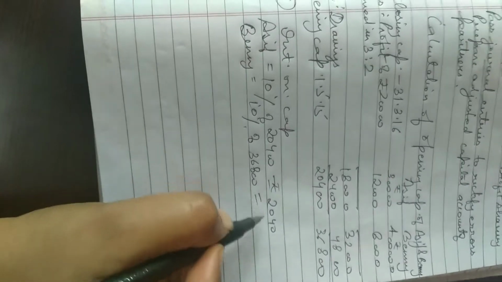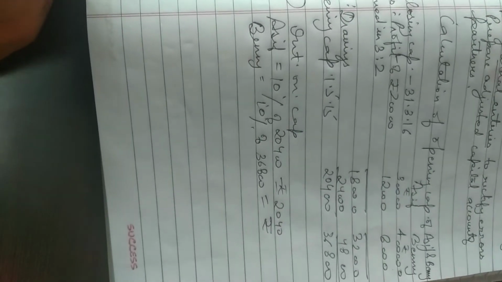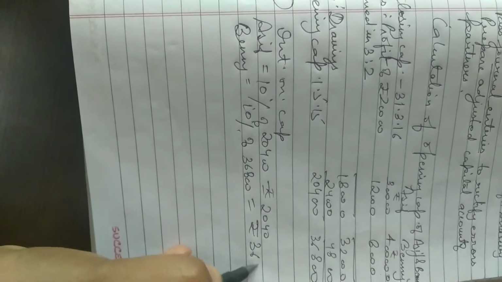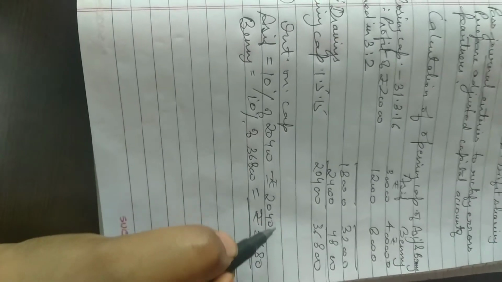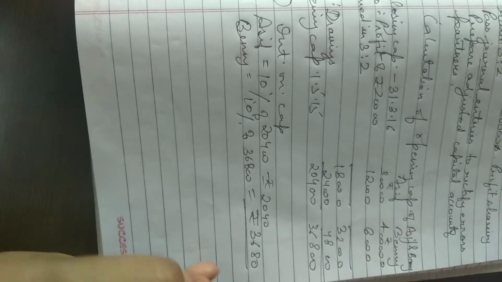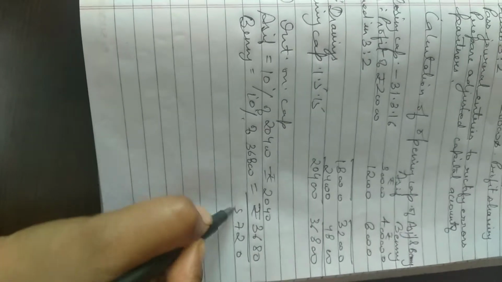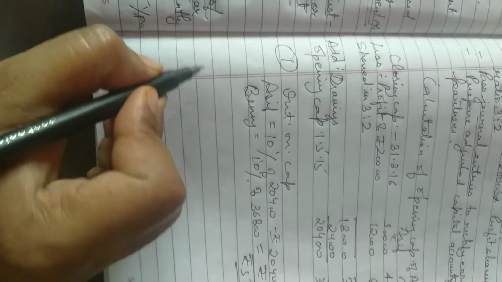That will come to rupees 3680. All right. So the total amount of interest on capital to be given to Asif and Benny will be 5720 total amount.